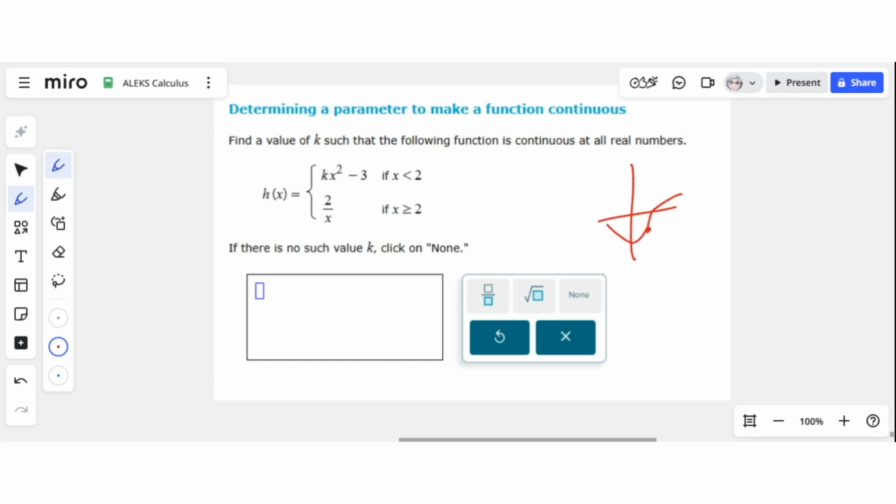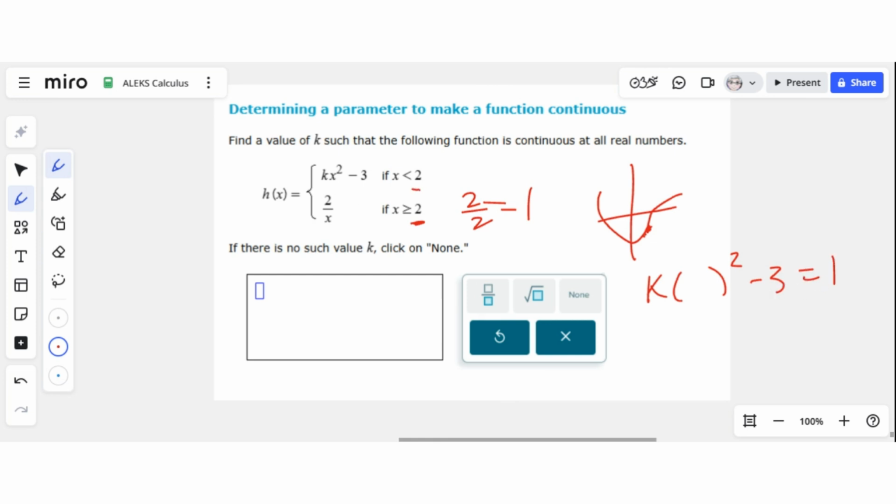And what we want is for them to have the same value at that point. What I'm going to do is evaluate this function without the constant first at 2. And that's just 2 over 2 if you plug 2 in for x. So that's a value of 1. So we want k times x squared minus 3 to equal 1.